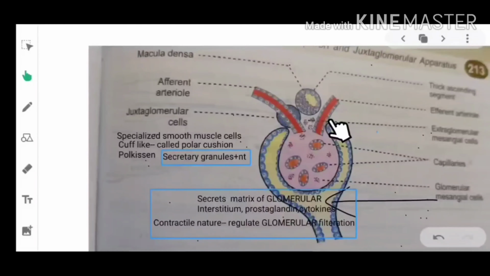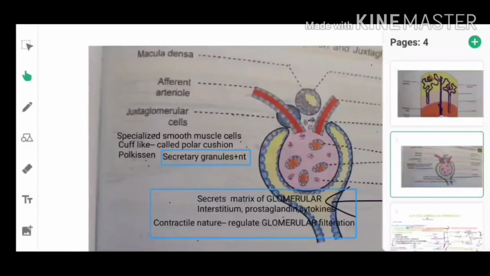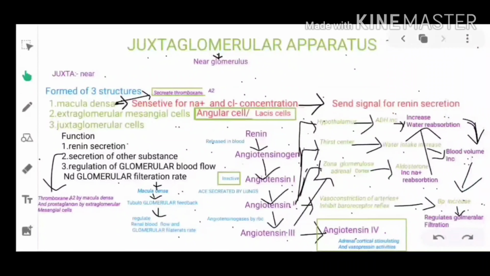It is made up of cuboidal epithelial cells and it secretes a hormone called thromboxane A2. Macula densa is also sensitive to sodium and chloride concentration, due to which it sends a signal for renin secretion.